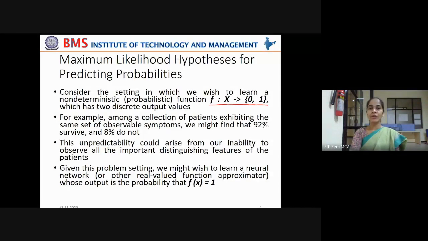Now, consider the setting in which we wish to learn a non-deterministic function f defined as x mapped to {0, 1}, which has two discrete output values. The discrete output value, say, the patient is tested as positive or negative. The customer is predicted to be fraudulent or not fraudulent. The insurance claim is a fraudulent claim or a genuine claim.